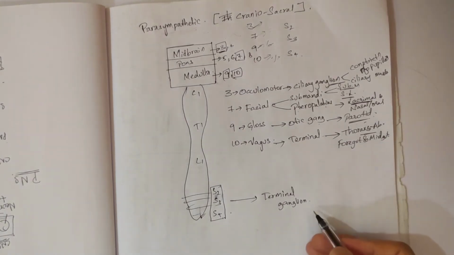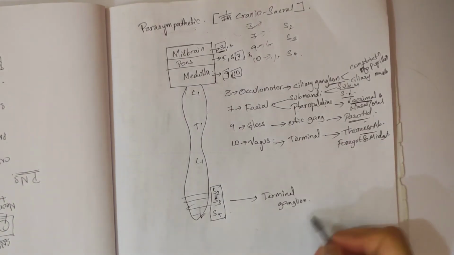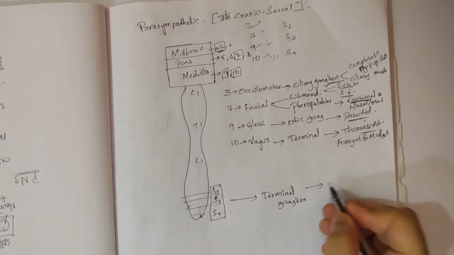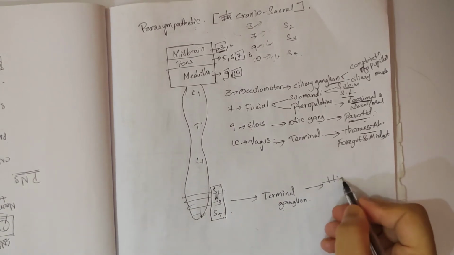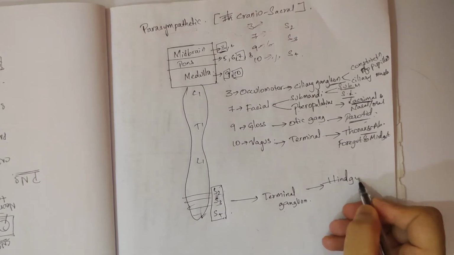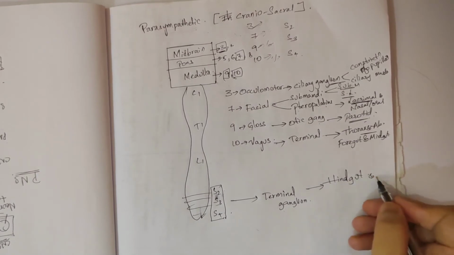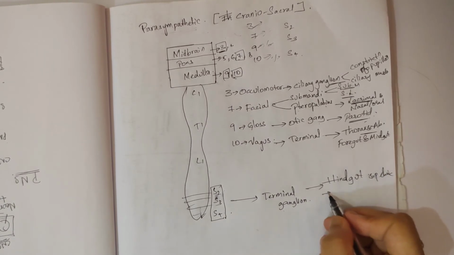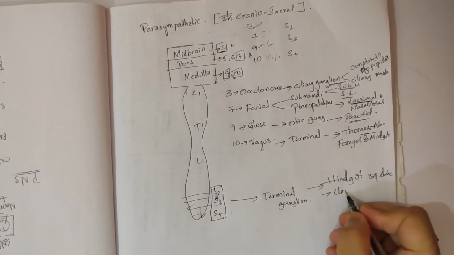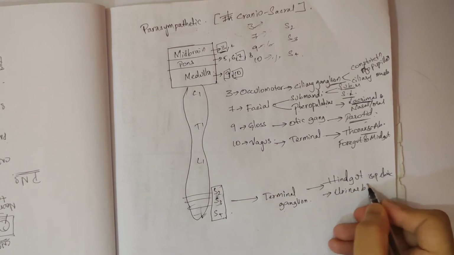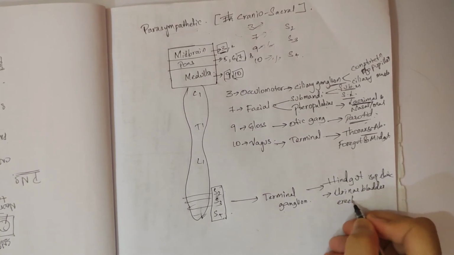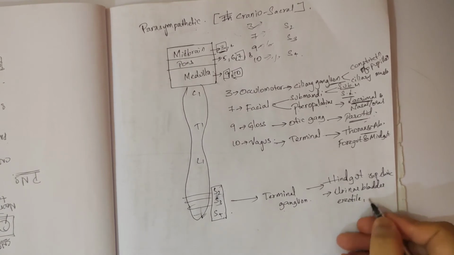And next, terminal ganglia of the sacral region. So this innervates the hindgut and pelvic viscera. Mainly the things to remember here are it innervates the urinary bladder and also some erectile tissue and rectum.